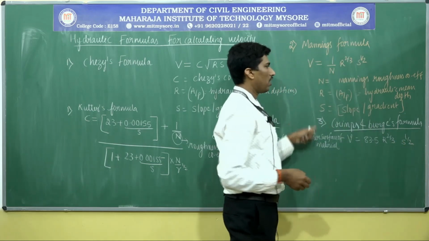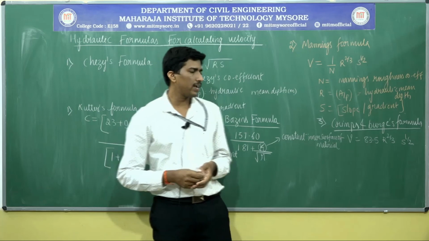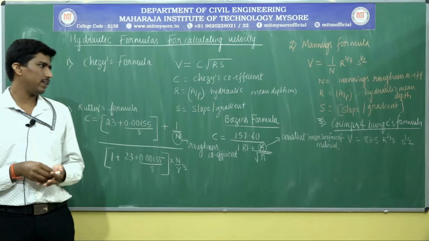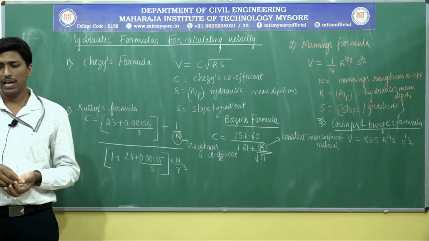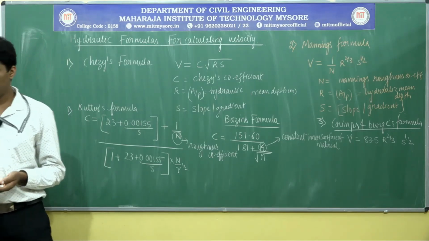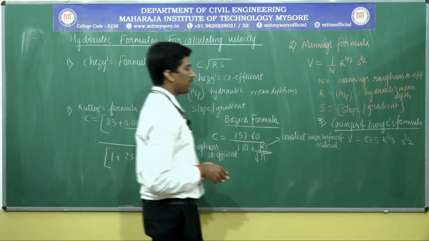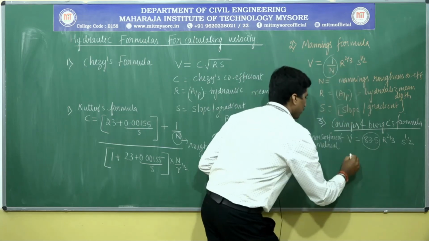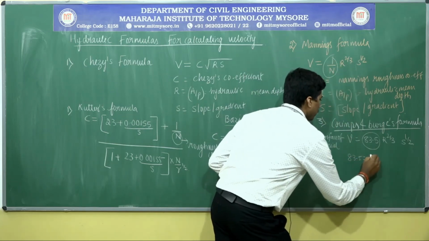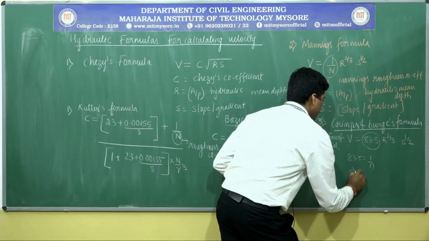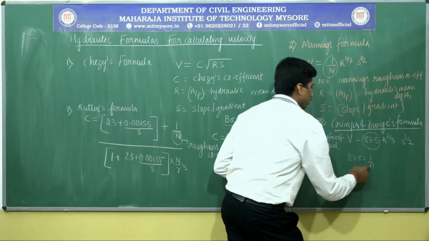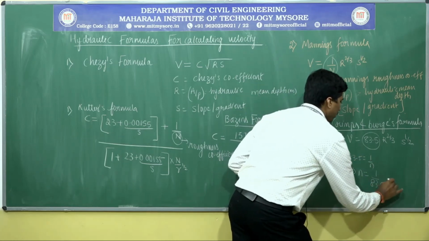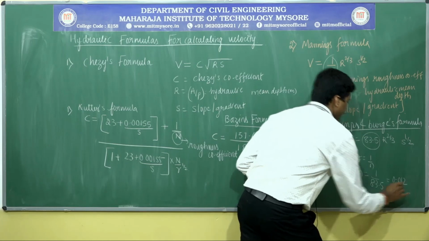Same thing, R is the hydraulic mean depth, and 83.5 is what we call the roughness coefficient value taken for the empirical factors. If you take 83.5 equal to 1/n, which implies that n is equal to, you take the reciprocal, 1 divided by 83.5, which gives you 0.012.